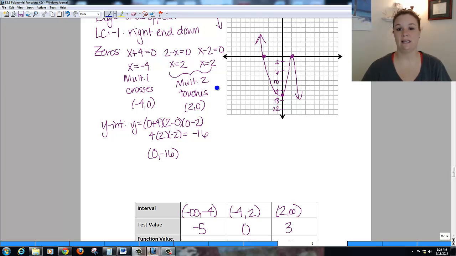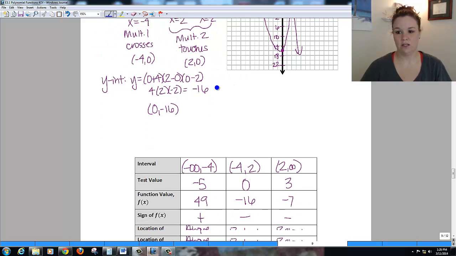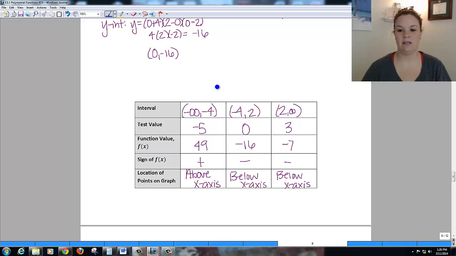And then I just want to test the intervals just to make sure. So notice down here I have an interval from negative infinity to negative 4, from negative 4 to 2, and from 2 to infinity. So I chose a number in each interval. Here I chose negative 5, 0, and 3. If you chose different numbers, that's fine, as long as they're numbers that actually are in that interval. Okay, so notice in my first interval I get a positive, and then my next 2 are negative.